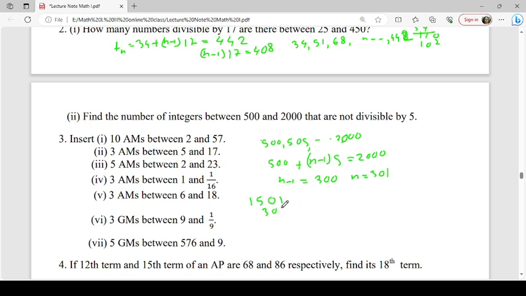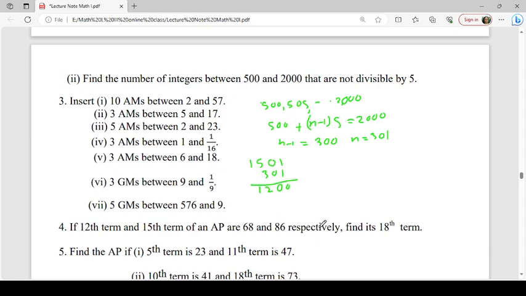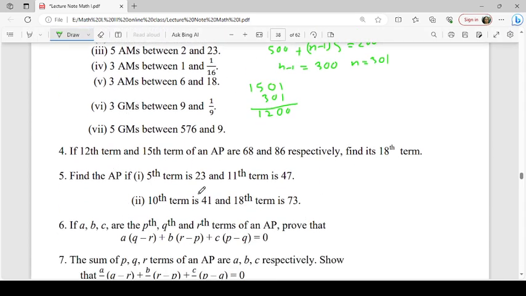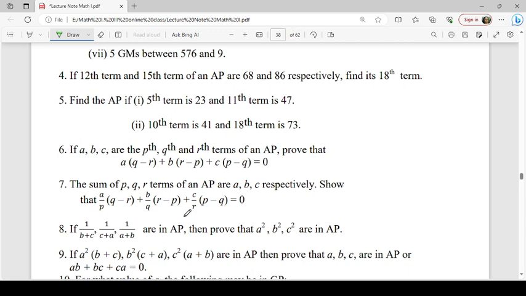So the other 1501 minus 301, it is 1200 numbers, these are not divisible by 5. So these are simple things. We are just to find this.